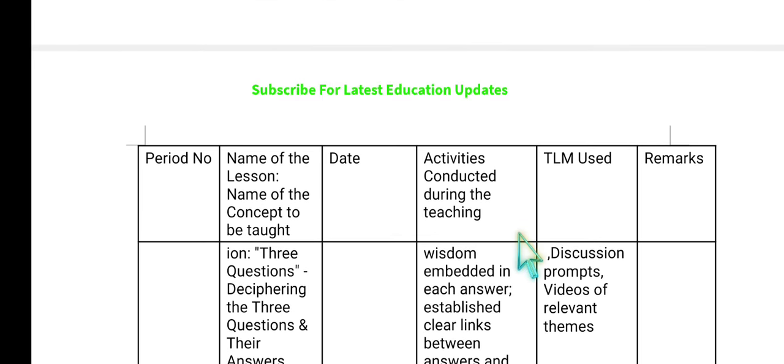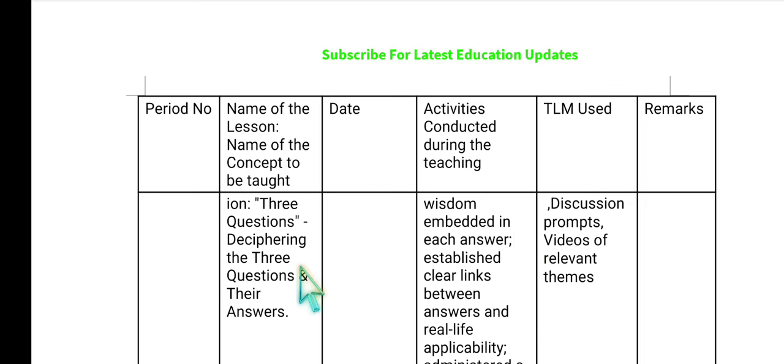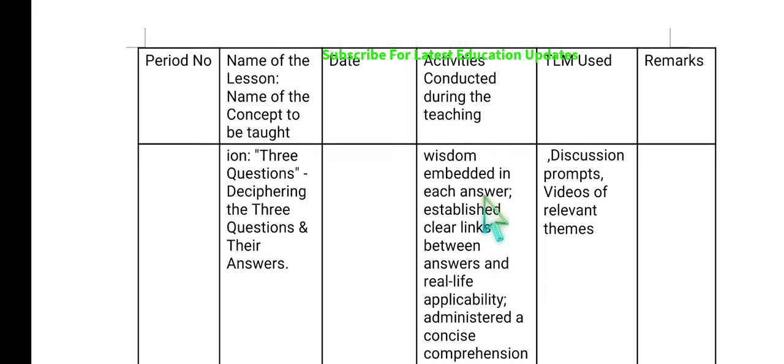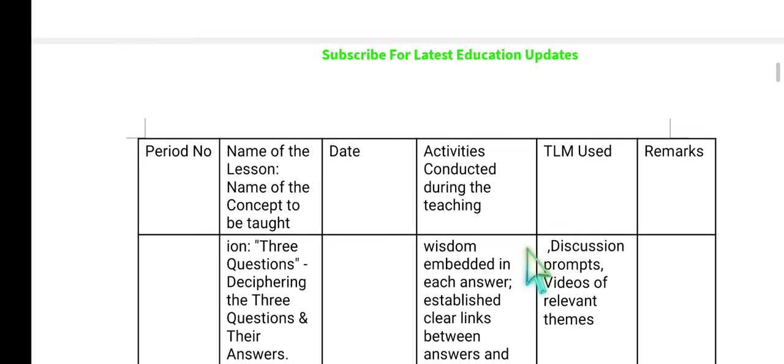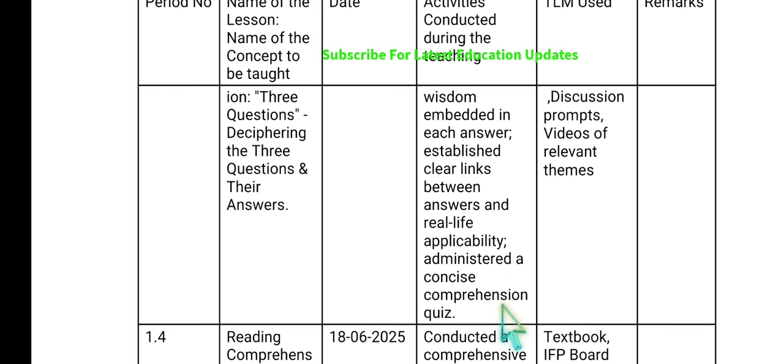As you can see in the filled format of the table, teacher's diary: the 3 questions, understanding the 3 questions and their answers elaboratively. Activities conducted were on the wisdom embedded in each answer. Each question had a different perspective to understand from the reader's point of view, establishing the link between the answers and the questions and real life applicability, and conducted a concise comprehension quiz based on the reading comprehension.